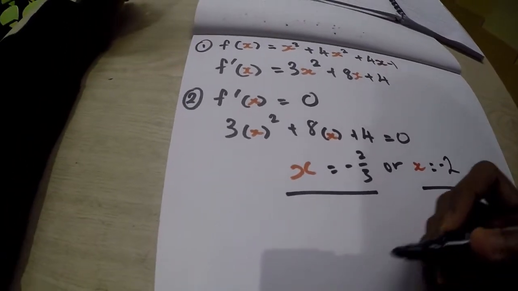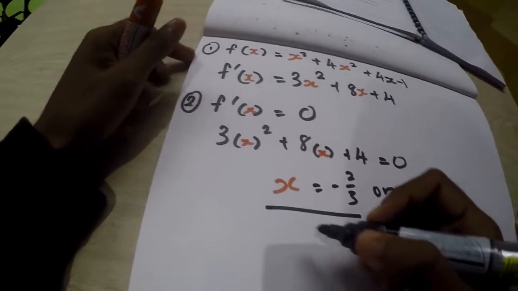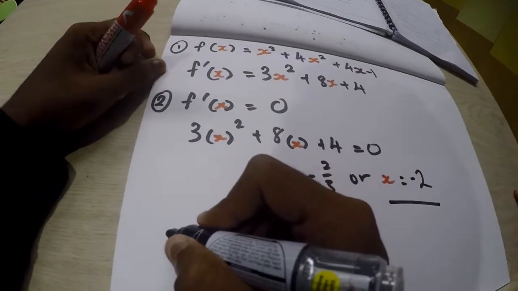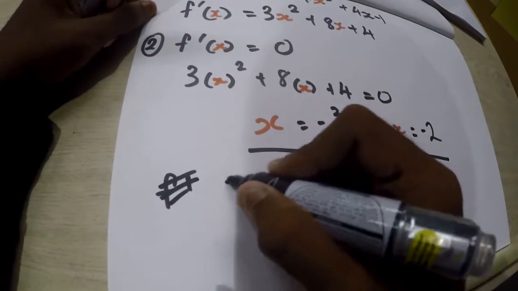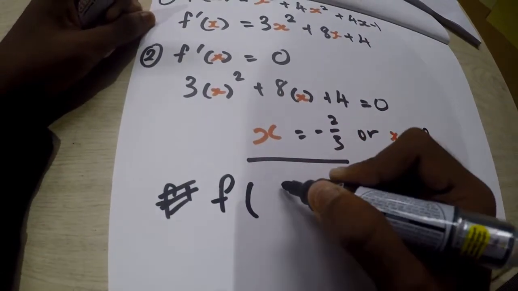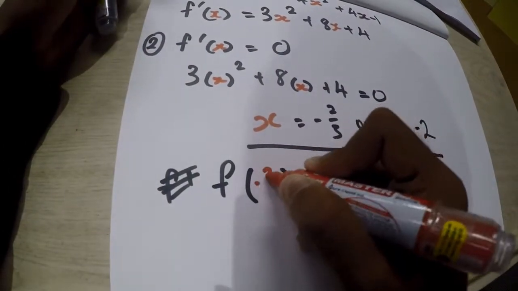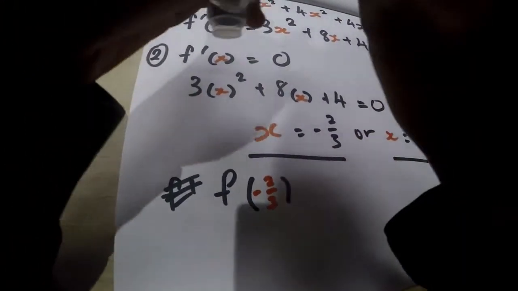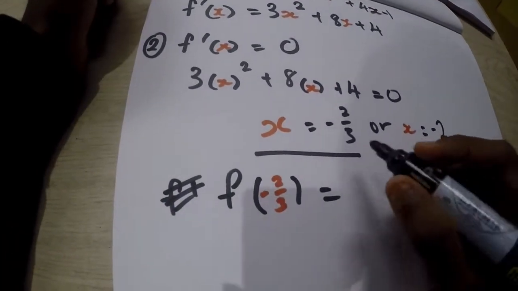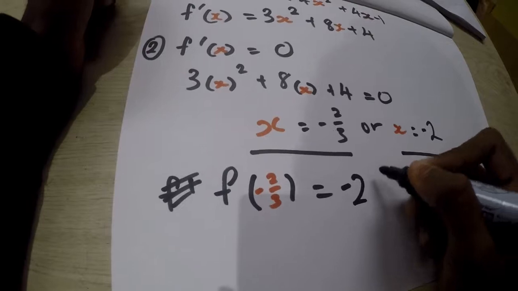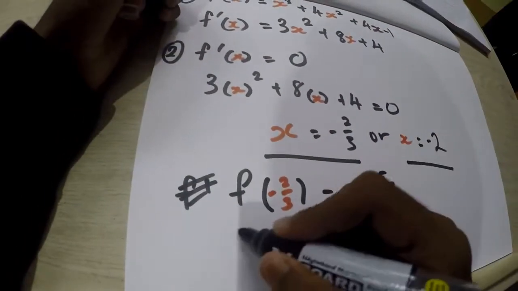To find the critical point, we substitute these values into f(x). So now let's find f(x). I'm sorry, f of -2 over 3, and the answer will be... I'm sorry, I'm not doing this for you because we're running out of time, so try working on your own.